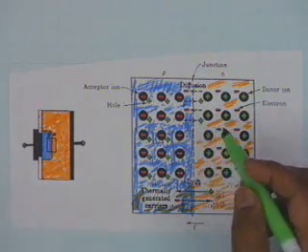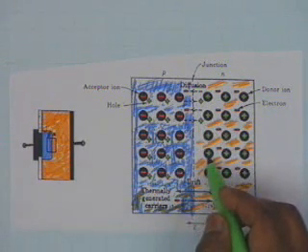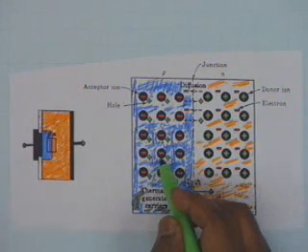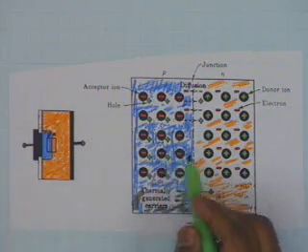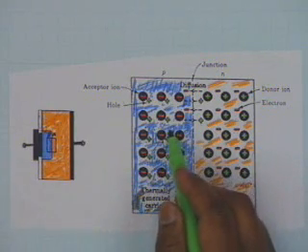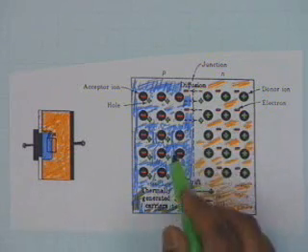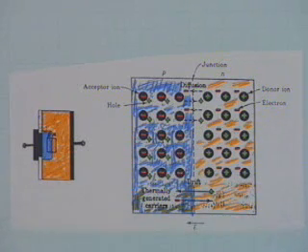Now when there is a junction, the electron concentration on the right hand side is much higher than the electron concentration on the left hand side, alright. Similarly the hole concentration in the p region is much higher than the hole concentration in the n region. Now each of these regions has electrons as well as holes.